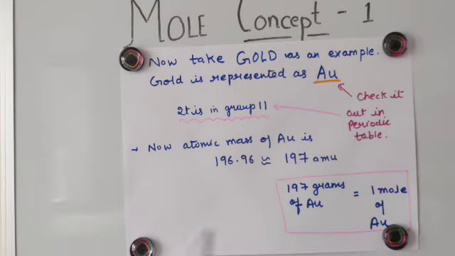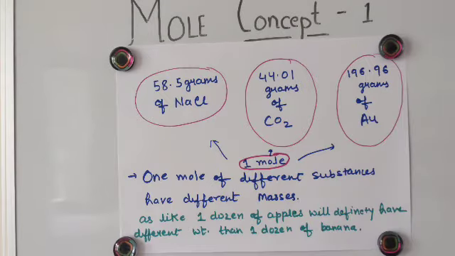So here the gram atomic mass of gold is 197. So if you weigh 197 grams of Au, it will make 1 mole of gold.